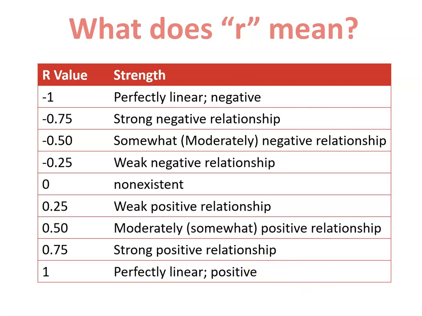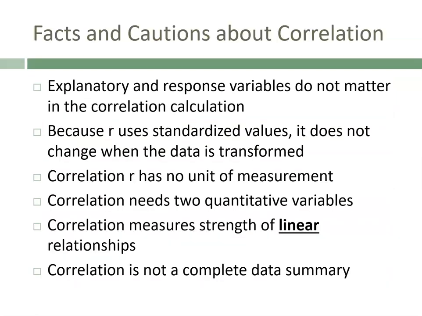I say something is strong if it's 0.75 or bigger, or -0.75 or smaller. If it's around 0.5, positive or negative, it's about a moderate relationship. Around 0.25, we'd say weak. And then 0, there is no linear relationship.